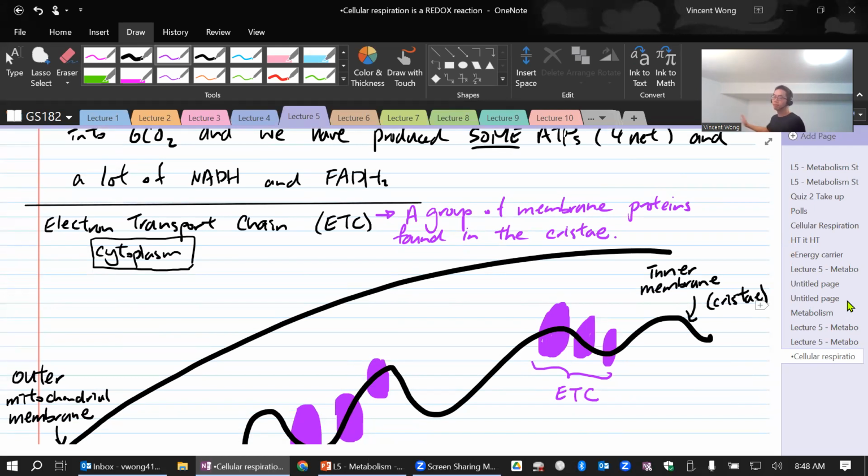Again, you have thousands of these ETC embedded throughout the inner membrane of the mitochondria. The more ETC you have, the more ATP you can create ongoing.